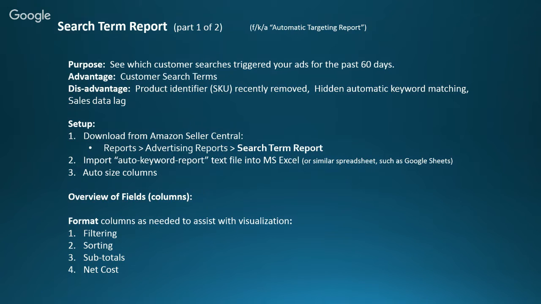Most people have noticed, they've gone in there and said, how come there's an asterisk in place of the keyword? That's simply Amazon protecting their proprietary system of matching customer search terms with the keywords you're bidding on. They're intentionally hiding that for automatic campaigns.